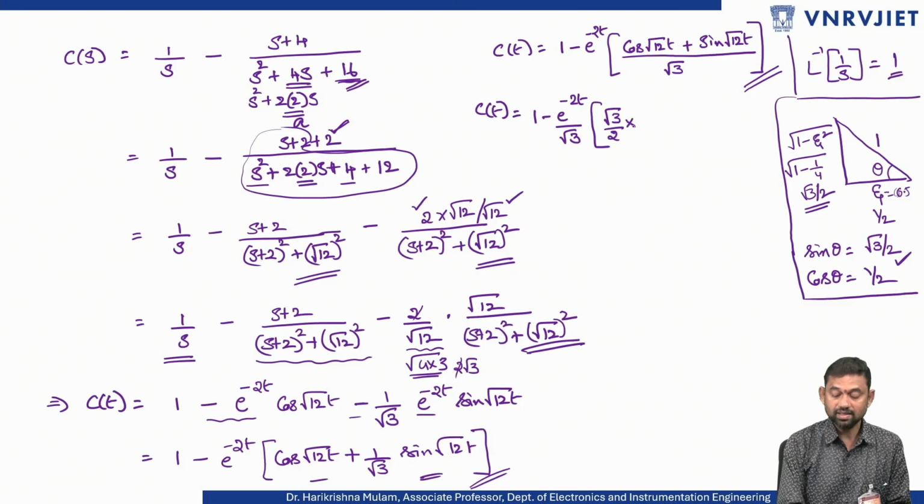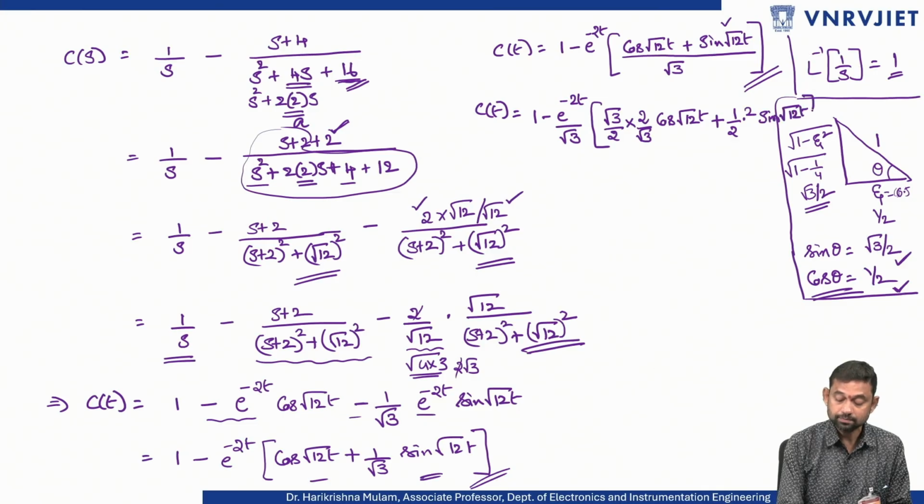As we cannot do like that, you need to multiply it with 2 by root 3 also, into cos square root of 12t plus, as this is sine term, I would like to multiply it with cos term, and cos theta is equal to 1 by 2. Therefore, 1 by 2 into, as we cannot divide it by 2, multiply it also with the 2, sine root 12t.